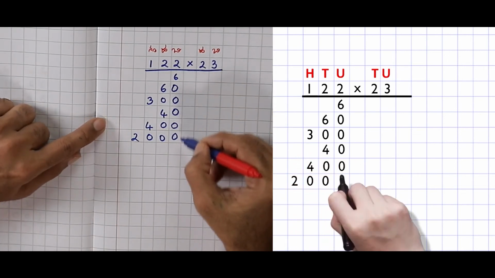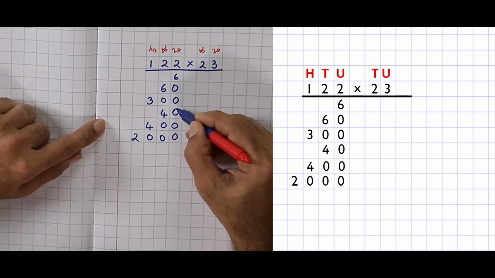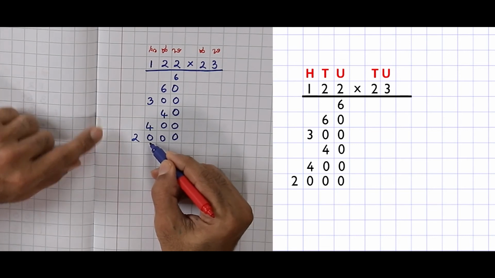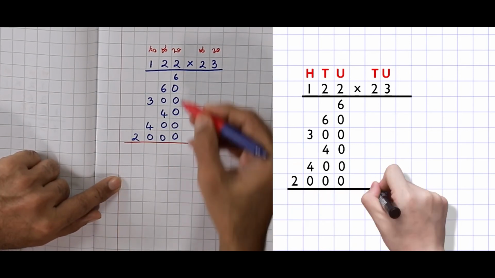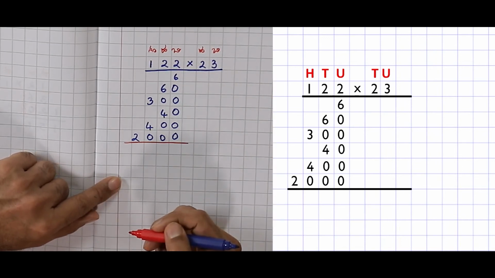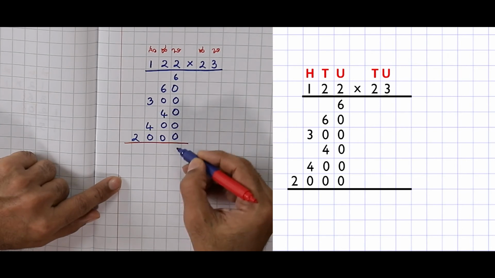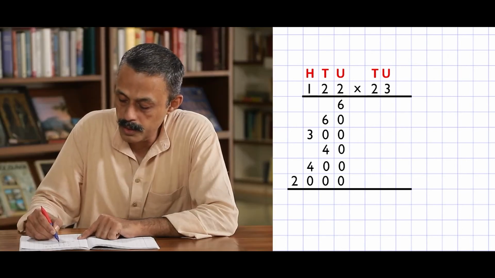Now look at all these zeros. When we multiply from a 10th position, we write the 0 here. And when we multiply by 100, we write the 0 here. If we show the importance of the 0 and why we should write it here, they will understand it easily.